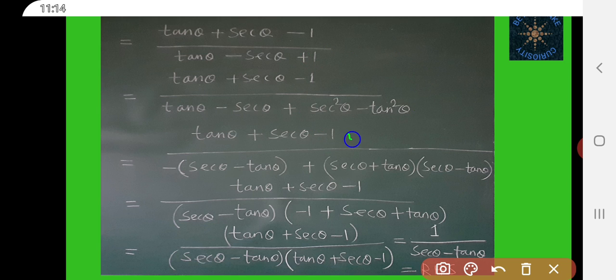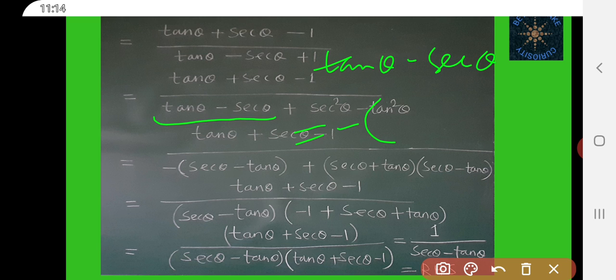The denominator remains the same, don't change anything. Now these two terms: if you want to write sec first, tan theta minus sec theta, if you give a negative sign, you can write it as minus (sec theta minus tan theta).